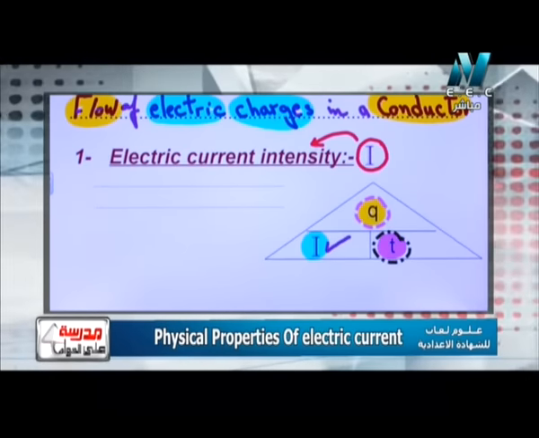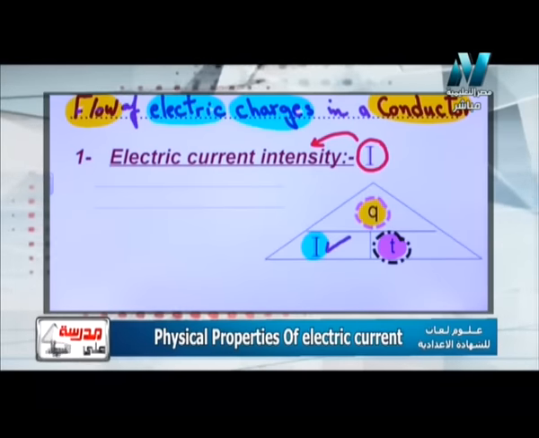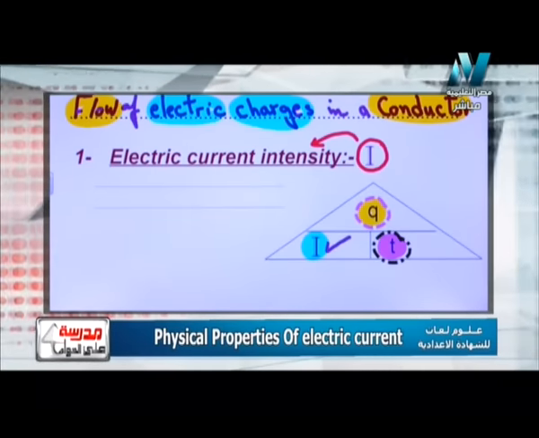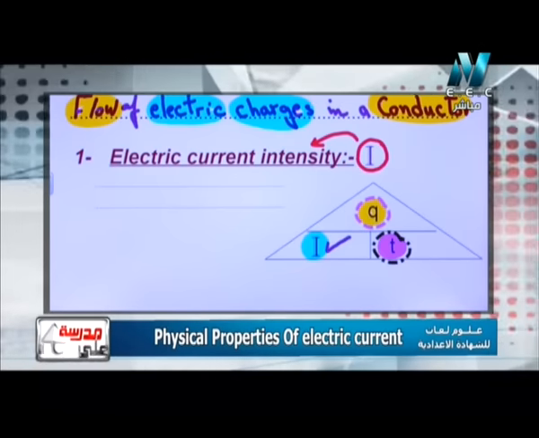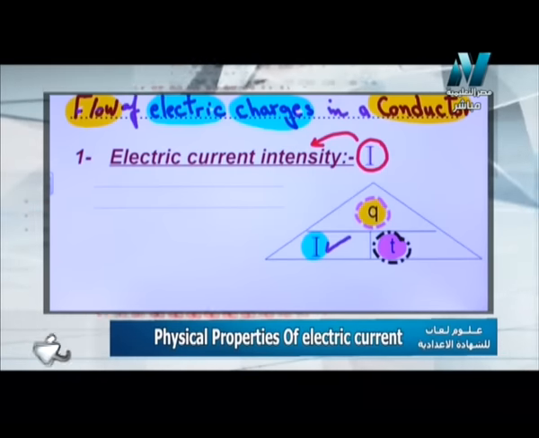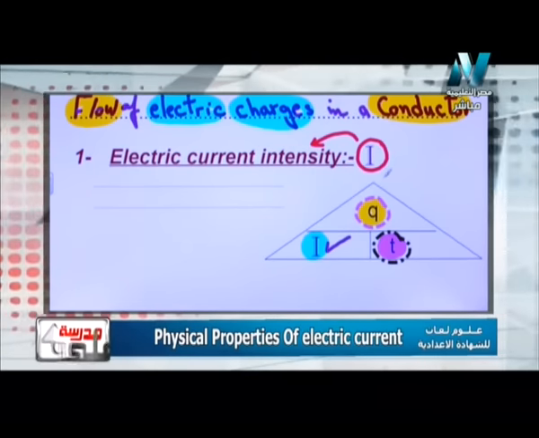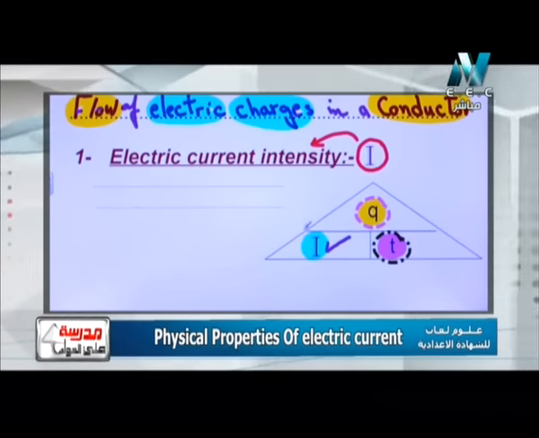We can define any physical quantity by remembering the magic triangle or mathematical rule. As we talk today about the first point, electric current intensity, what is meant by it?